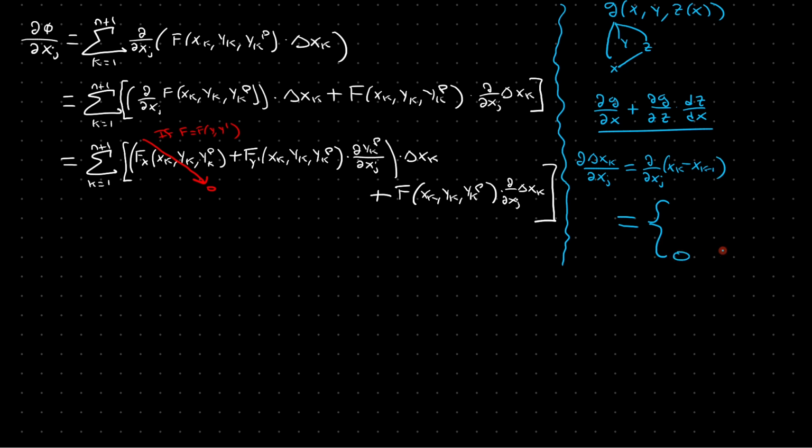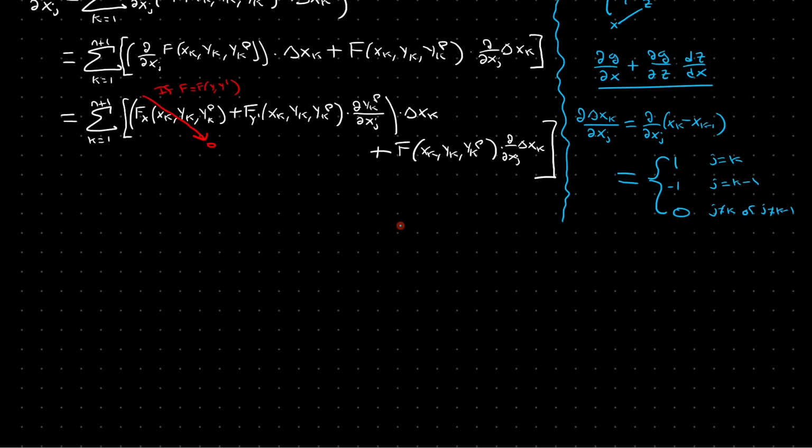It's 0 otherwise. If j is equal to k, it's 1, and it's negative 1 if j is equal to k minus 1. So this is a very nice simplification. What this means is that this summation over all values of k is really only going to reduce to two separate terms, one where j equals k and one where j equals k minus 1.